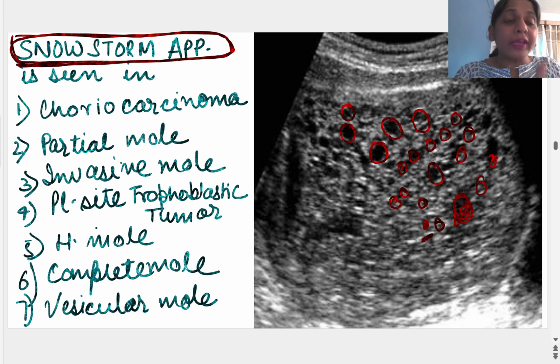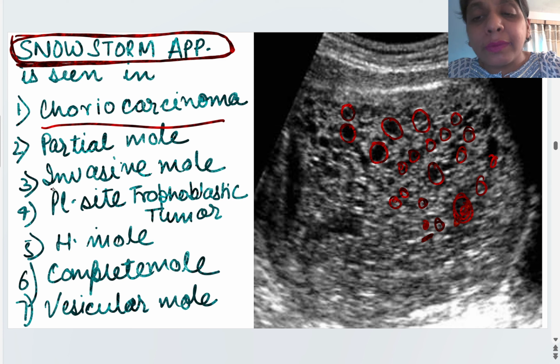Invasive mole is again a carcinoma, a neoplasia. Don't confuse invasive mole as another name of complete mole. Invasive mole is a malignant, neoplastic stage. Placental site trophoblastic tumor is also a malignant stage. These three are malignancies: choriocarcinoma, invasive mole, and placental site trophoblastic tumor.